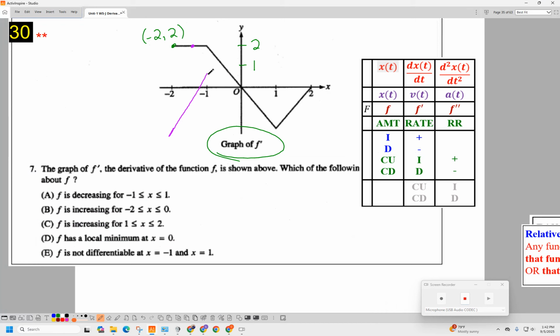So this is my picture of f. F has a slope of 2. That's why f is increasing, because slope means rate of change. My y value changes by 2 every time my x value changes by 1. That's what a slope of 2 means. It's a rate of change. Change in y over change in x ends up being 2 to 1.